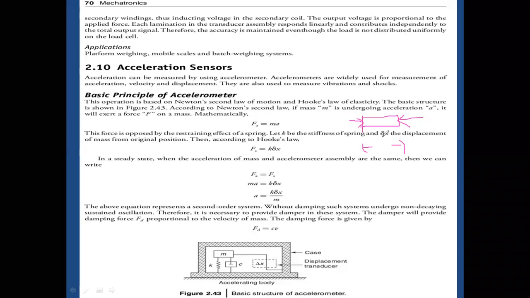From the schematic point of view, while going through vibrations or analysis, we just replace the specimen with a spring, like this one.